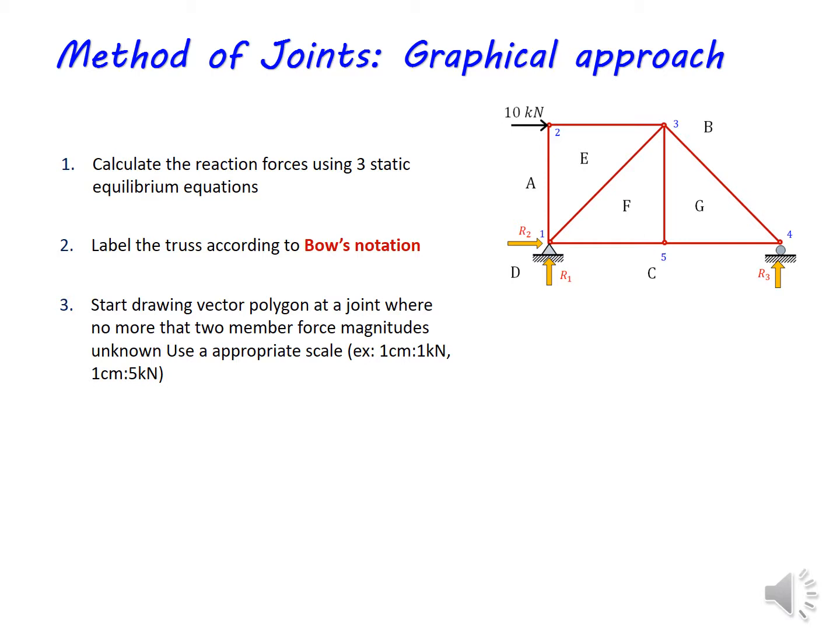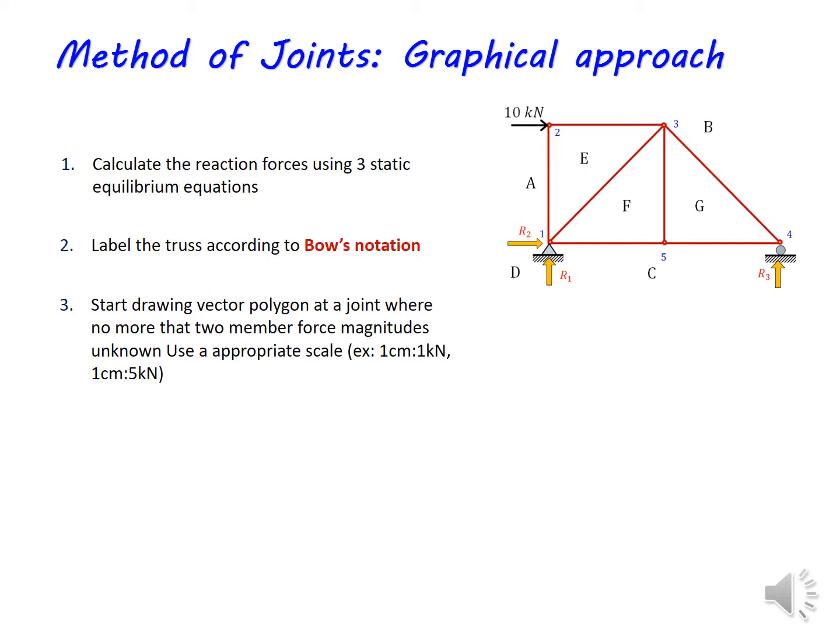For example, if we consider joint 2, you can see an external horizontal load of 10 kilonewton acting at that joint, and two members are there, which will create two unknown member forces and altogether 3 forces at that joint. So that means we can start drawing the vector polygon for joint 2.